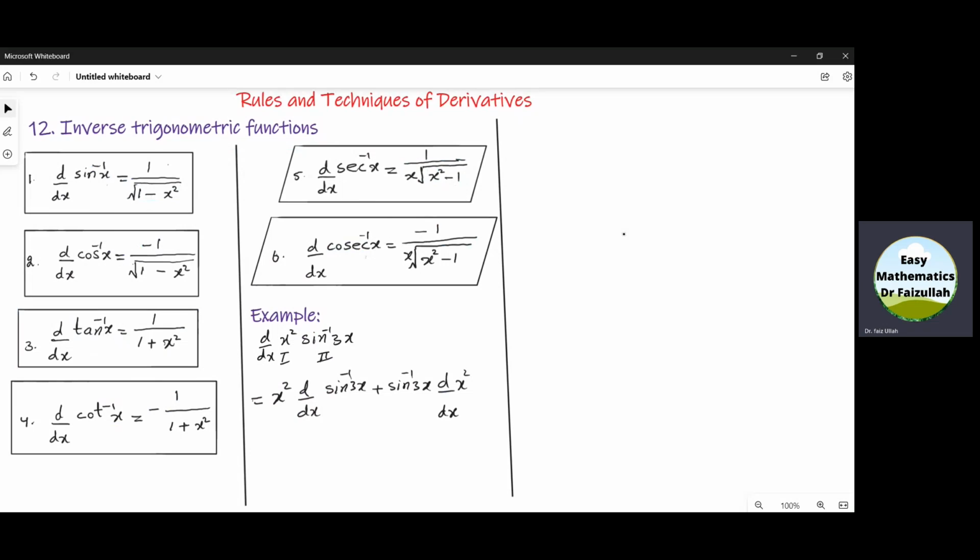Now from here we have x square, and let us use formula number 1 to find the differentiation of sine inverse x.